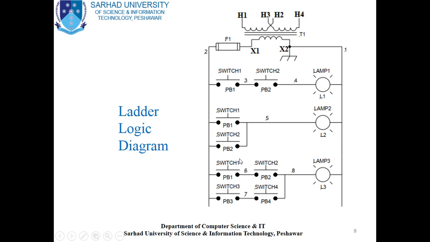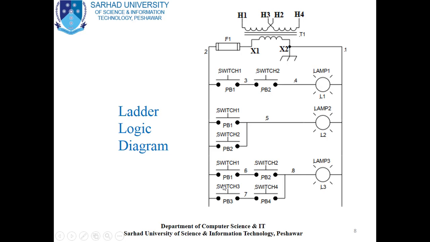But if we press switch 1 and switch 4, lamp 3 will not be turned on, because here you can see the disconnection of the path. So to turn on lamp 3, there are two logics. The first logic is that we should press switch 1 and switch 2 simultaneously to turn on lamp 3, or this connection is in the OR form.